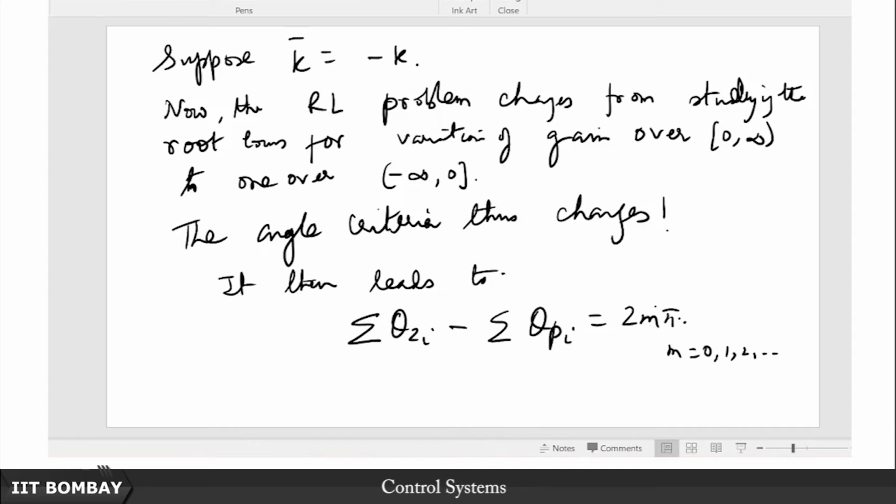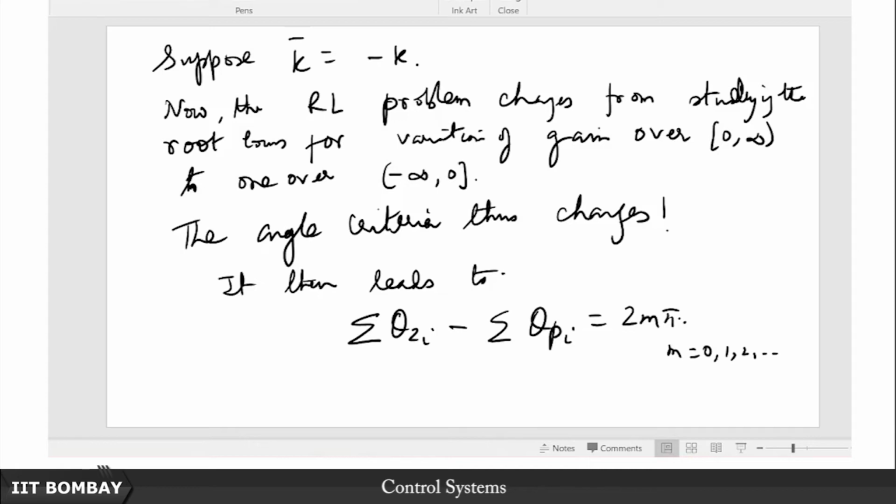So, it is 360 degrees, 720 degrees, so on and so forth, right. So, this is also called the 0 root locus or called the complementary root locus, and clearly you see that there are several in and of itself. You might often be interested in studying how the root loci change when gain is varied over a negative range of numbers. That will immediately lead to this study of complementary root locus.